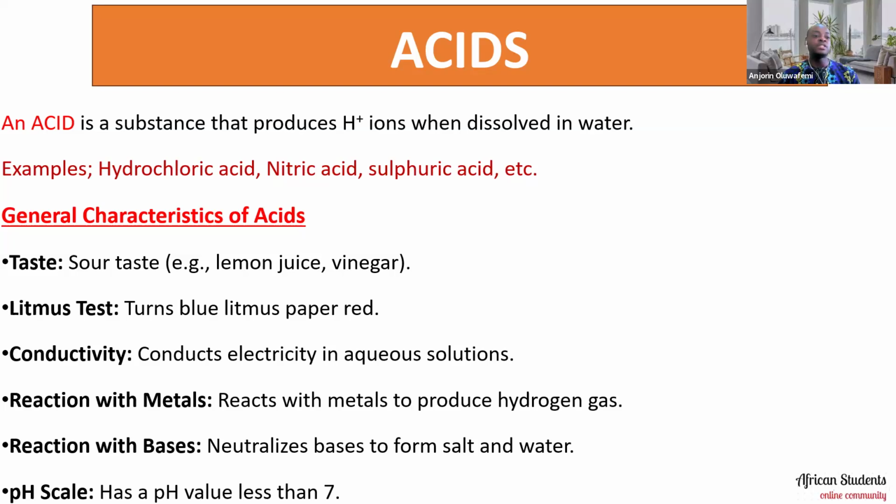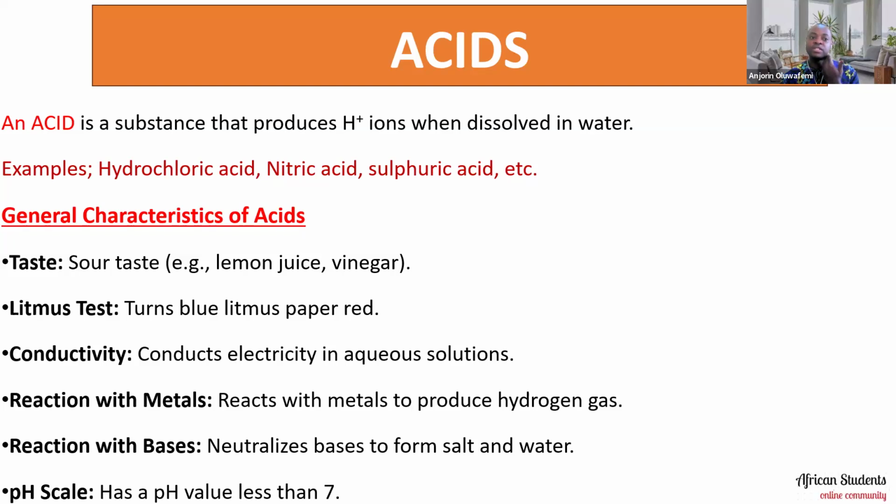Now, what are the general characteristics of acids? Number one, in terms of taste, acids have a sour taste, e.g., lemon juice, vinegar, and so on and so forth. These are natural products that contain acid. Number two is the litmus test: acid turns blue litmus paper red. In terms of conductivity, acids can conduct electricity in aqueous solution.